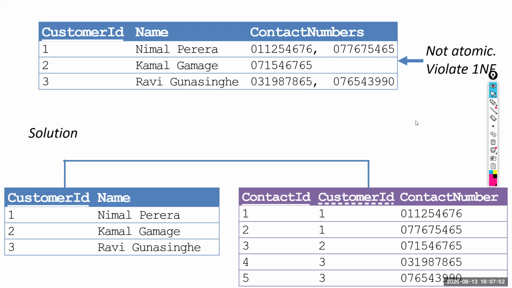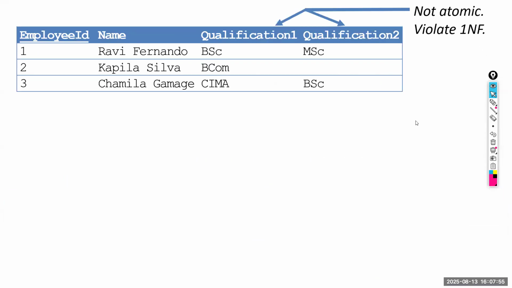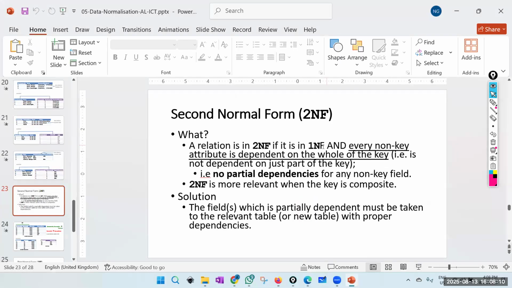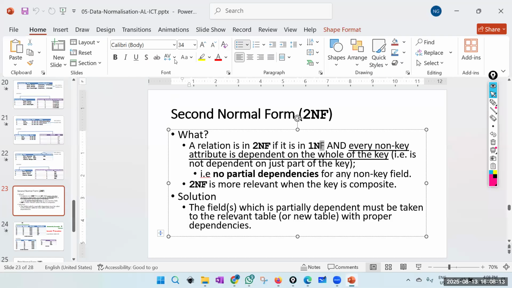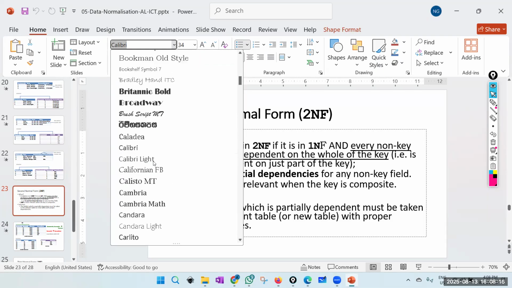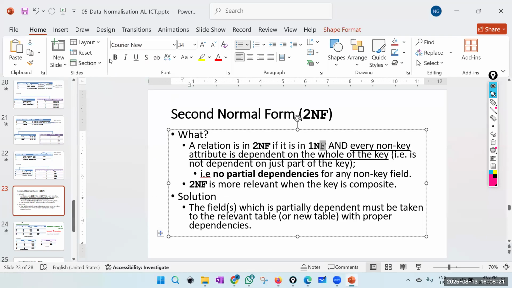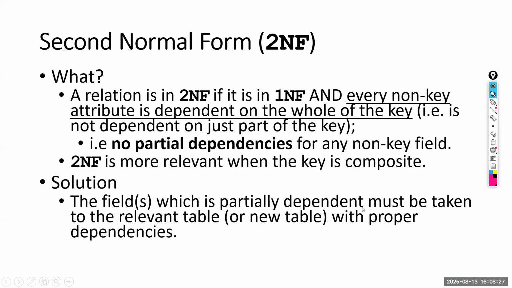So today we move on to our second normal form. Second normal form says all your non-key fields must fully depend on the primary key, all of the primary key.